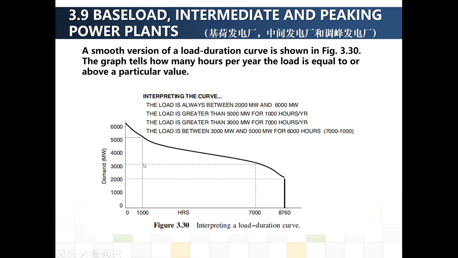Now for this line, when the load is 3000, the number of hours is 7000, which means for 7000 hours the load is more than 3000 megawatts. The load in between 3000 and 5000 lasts 6000 hours.